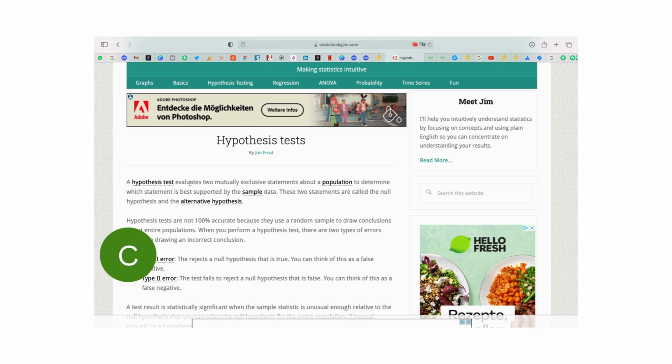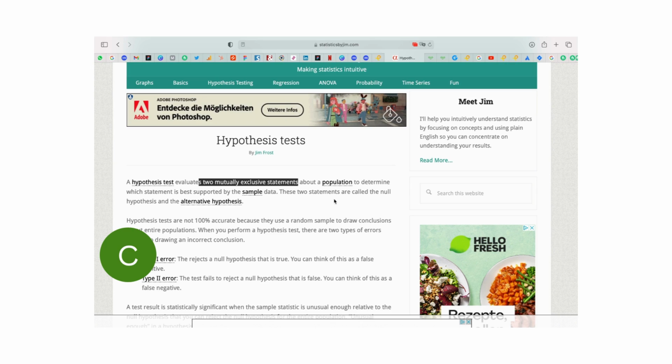So in a hypothesis test, we are examining two opposite, mutually exclusive statements. So let's say if one statement is true, then the other has to be false, right? And we are trying to evaluate which one of them is true, right?